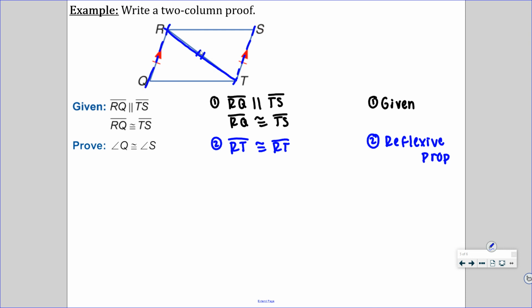Why are those two angles congruent? Alternate interior angles. Good. All right. Angle QRT is congruent to angle STR, by the alternate interior angle theorem.